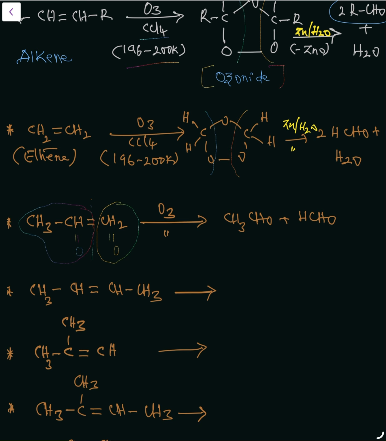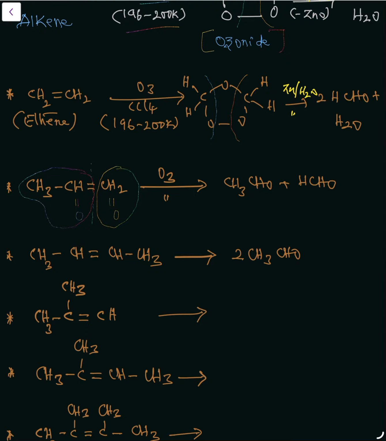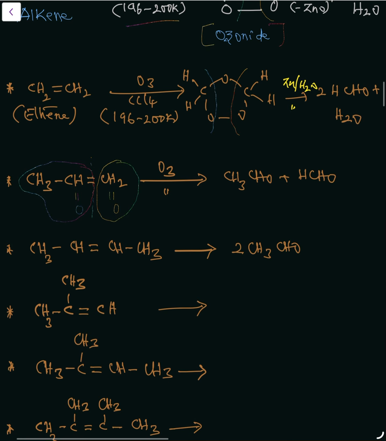Next, the compound 2-butene gives 2 moles of acetaldehyde, 2CH3CHO. Now you can understand that, right? So here one double bond, here one double bond. Next, in the case of this molecule, that is 2-methylpropene, one is acetone, CH3 C double bond O CH3, plus the other one is formaldehyde.